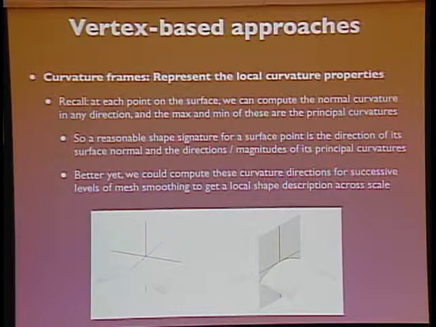You can imagine that being a reasonable shape signature for a surface point, because in a sense it gives you the extrema of the geometry as you step away from your point of interest.